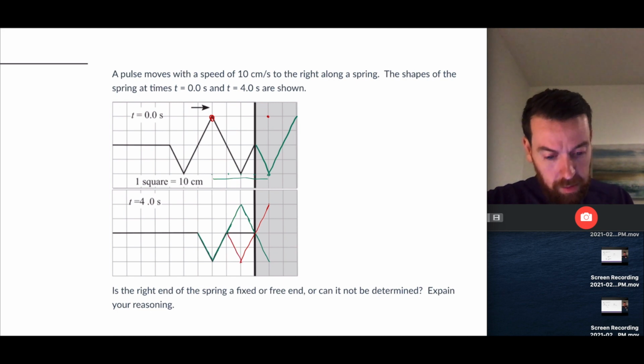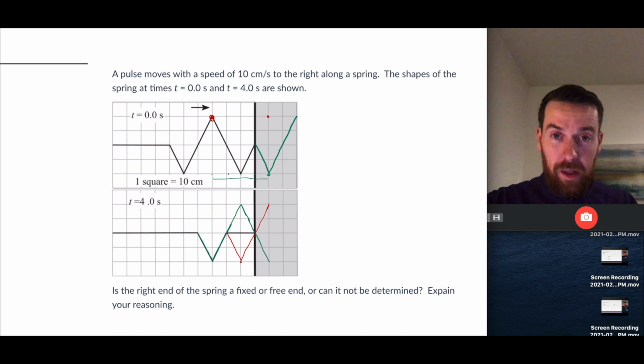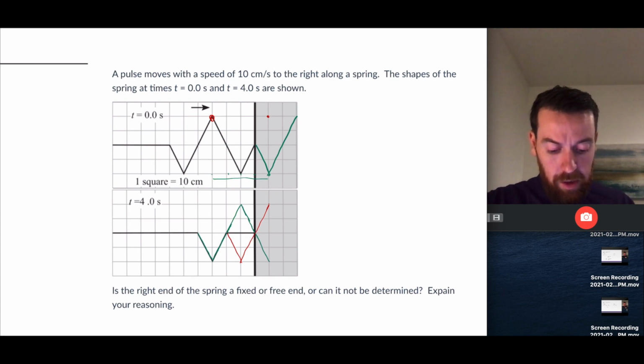So these 2 points here, the upper part of the green phantom overlapping with the last piece of the incident, basically sum to give us this flat line of 0, and then the leading edge of the phantom is giving us the actual shape that's below the equilibrium, and this would only happen if the end was free.